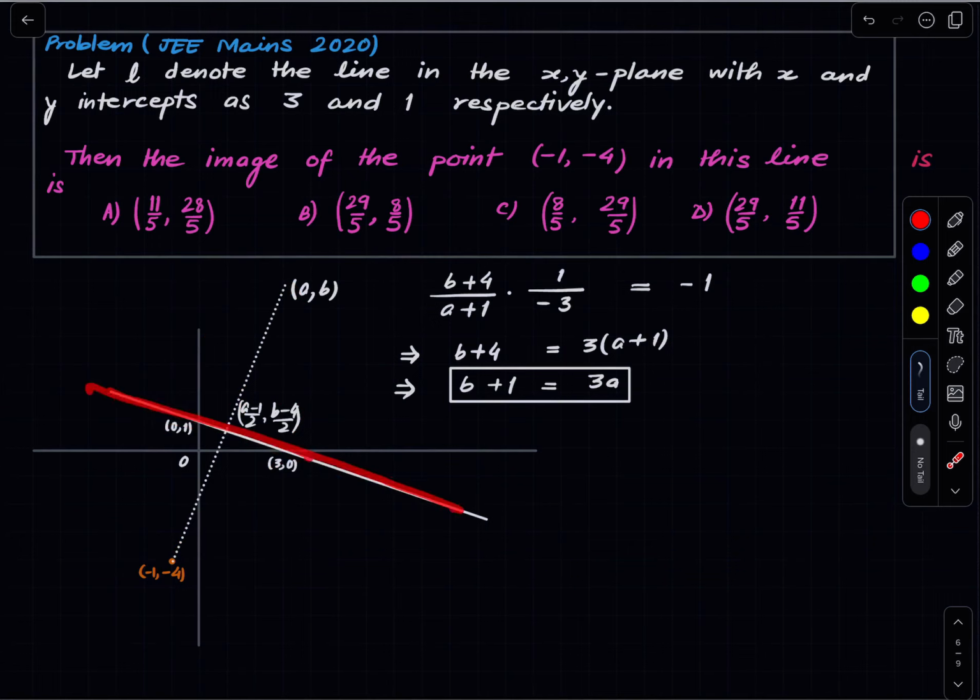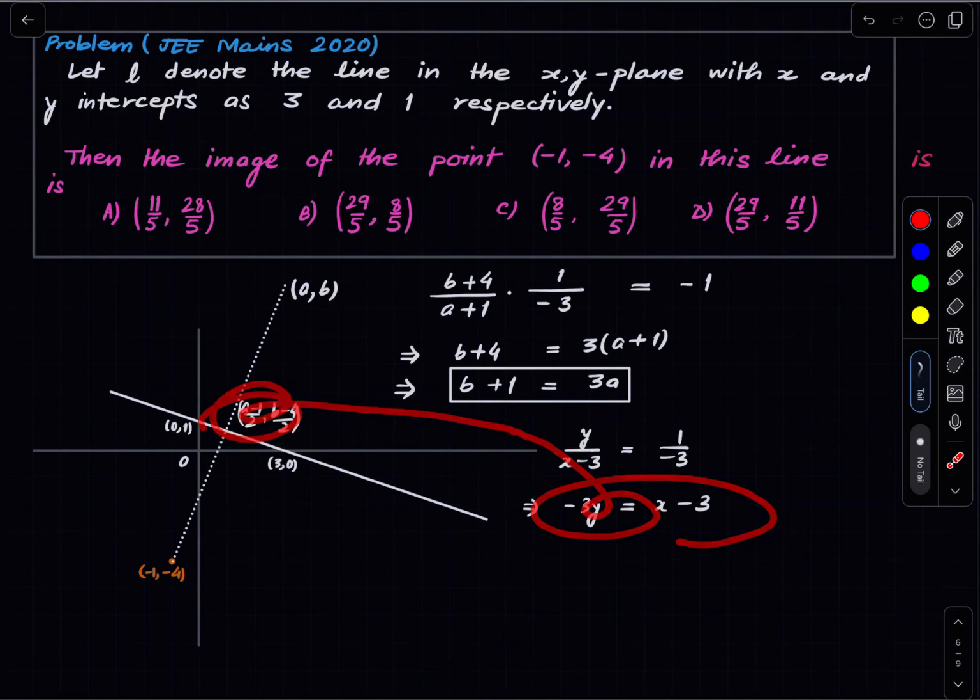Okay, so what is the equation of this line? Let's find the equation of this line and substitute that point in it. The equation of that line is y upon (x minus 3) equals 1 upon minus 3, which gives us, yeah, that is the equation of this line, and this is satisfied by the midpoint.